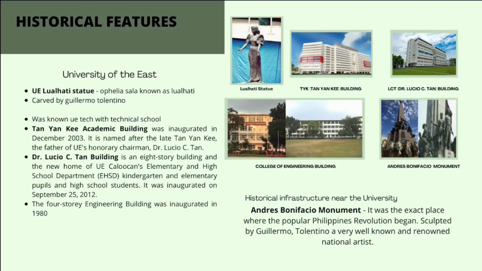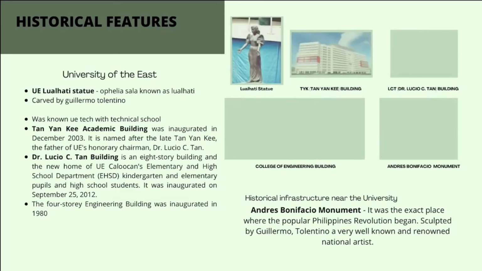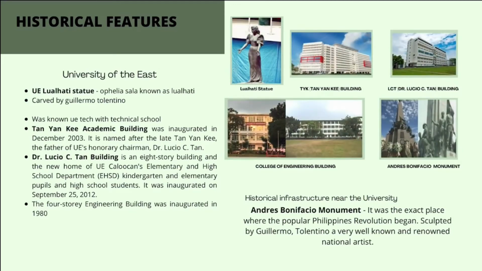The Dr. Lucio Tan Building is an 8-story building and the new home of UE Caloocan's elementary and high school departments, kindergarten and elementary pupils, and high school students. It was inaugurated on September 25, 2012. The 4-story engineering building was inaugurated in 1980. Next is the historical infrastructure near the university, which is the Andres Bonifacio Monument.